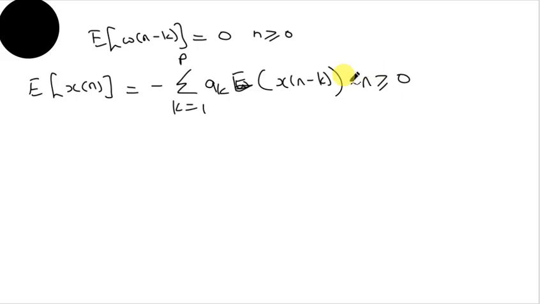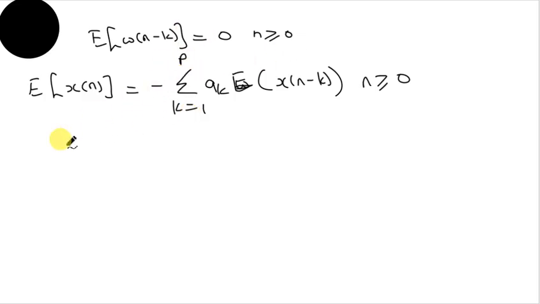Since all the initial conditions are assumed to be 0, E of w of n is 0 for all n greater than or equal to 0. So this will be our mean.